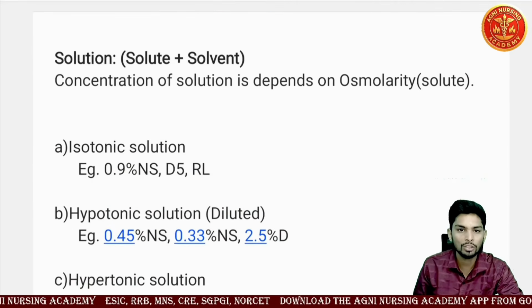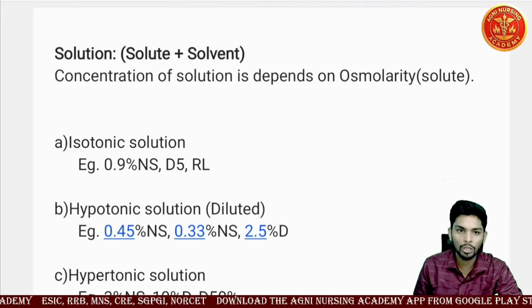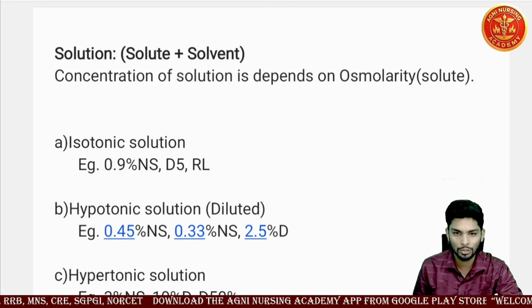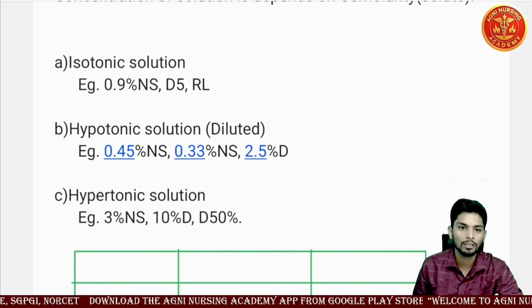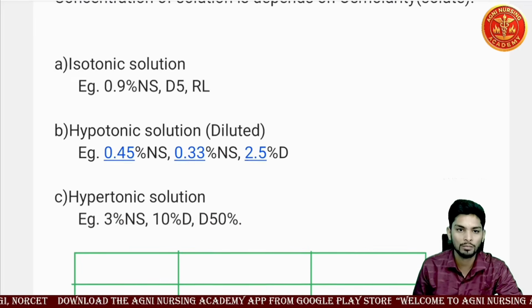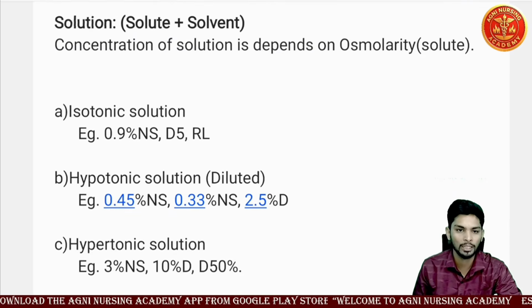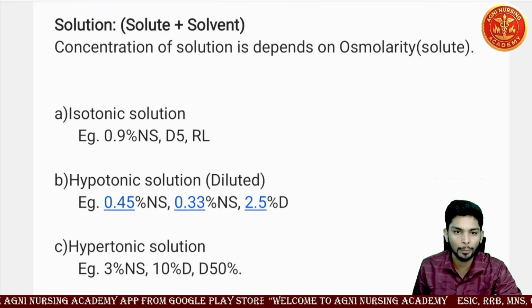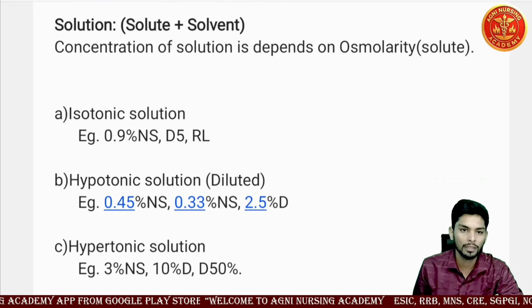So the concentration of the solution depends on osmolarity, meaning how much salt is present in the water decides the concentration of that solution. Okay, clear? Here we will learn what types of solutions are present. There are mainly three types of solutions: first one is isotonic solution, second one is hypotonic solution, third one is hypertonic solution. One by one we will discuss in detail.